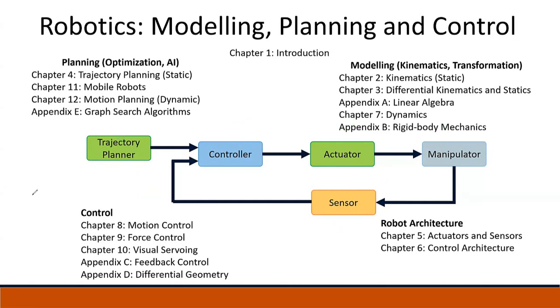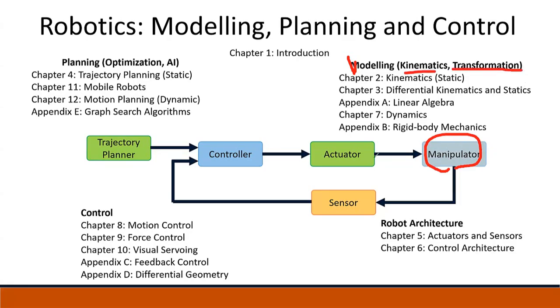So for the textbook, okay, let's see each chapter number. Starting from modeling, chapter 2, chapter 3, appendix A, chapter 7, these are talking about the transformation and kinematics.